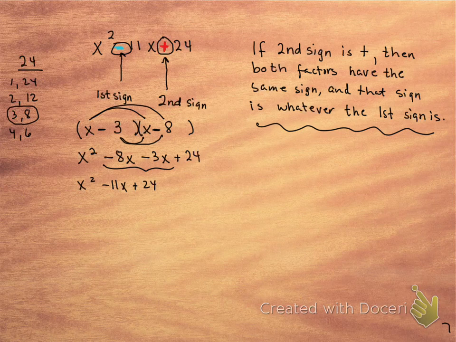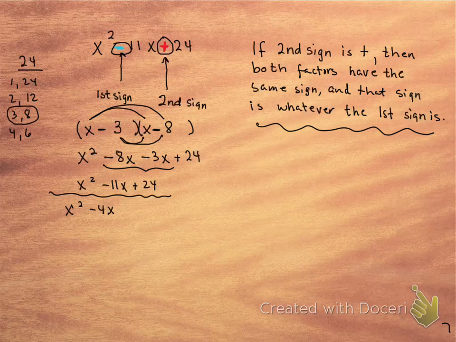Okay, using the exact same idea, what we're going to do now is example 2a. Underneath here, we've got x squared minus 4x minus 21. And we're going to look at our second sign again.